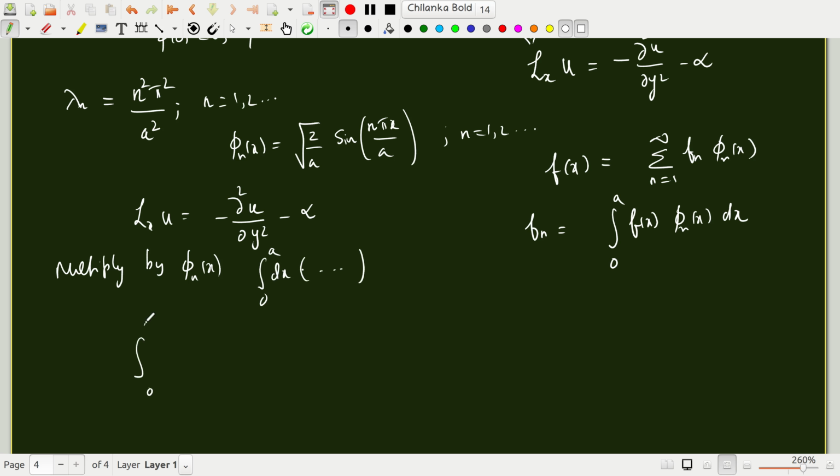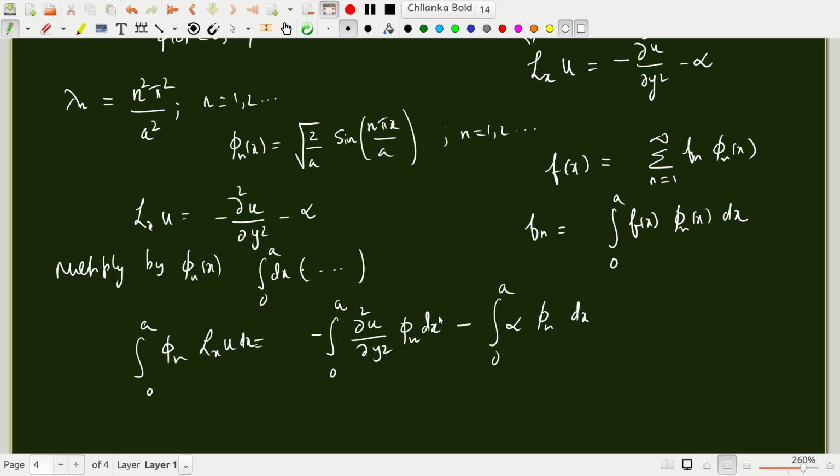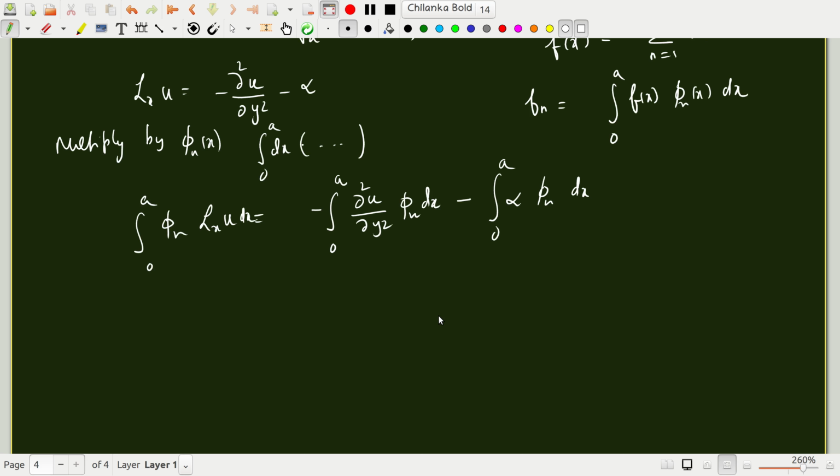So you'll get the integral 0 to a of phi n Lx u is equal to, on the right side, 0 to a of minus partial squared u by partial y squared phi n, minus 0 to a of alpha phi n. Okay, there is dx everywhere, so if I forget dx, please include that when you take your notes.